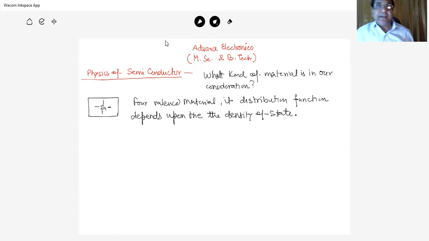So if we talk about the density of states and other parameters, then we have to start from the very basic principle of ensemble. Very basic principle of ensemble. What is ensemble?